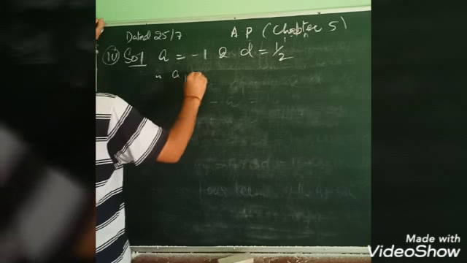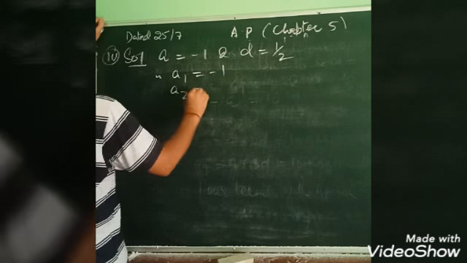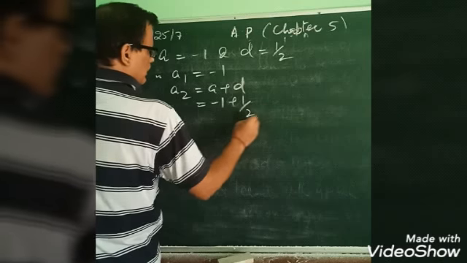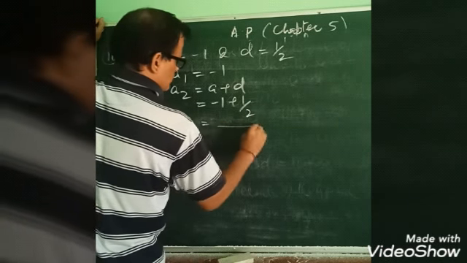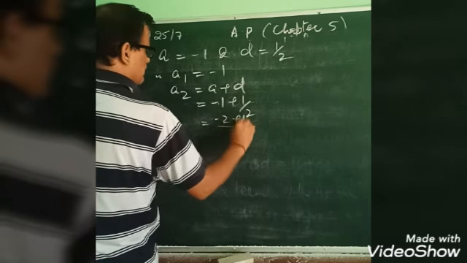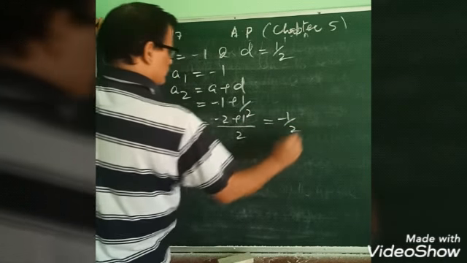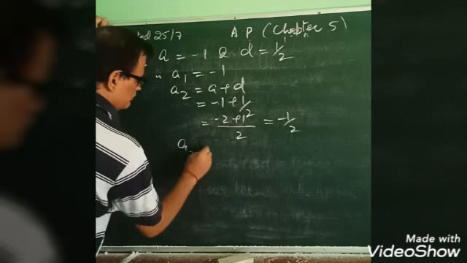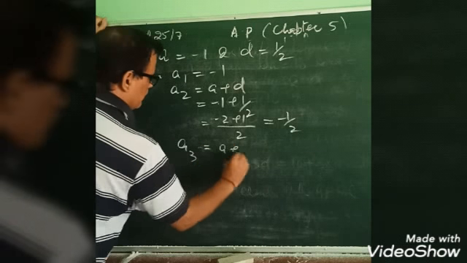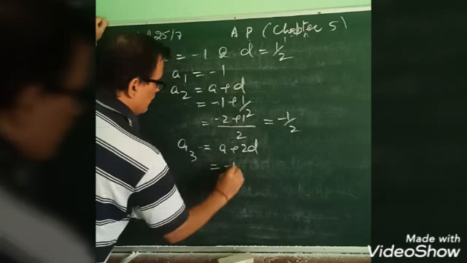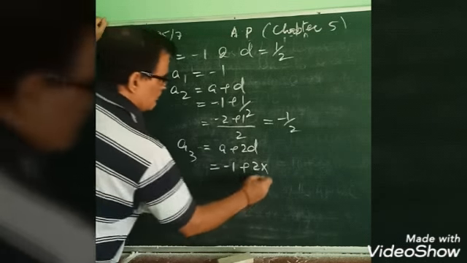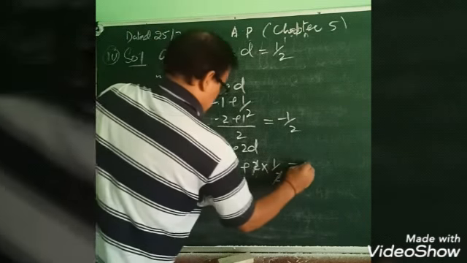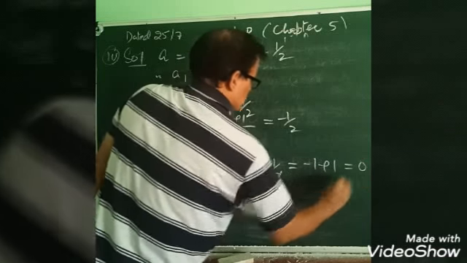Therefore, A1 is equal to -1, A2 is equal to A plus D. This is equal to -1 plus 1 by 2. The LCM is 2. 2 ones are -2 plus 1, this is equal to -1 by 2. A3 is equal to A plus 2D. This is equal to -1 plus 2 into 1 by 2. 2 and 2 get cancelled. This is equal to -1 plus 1, that is equal to 0.